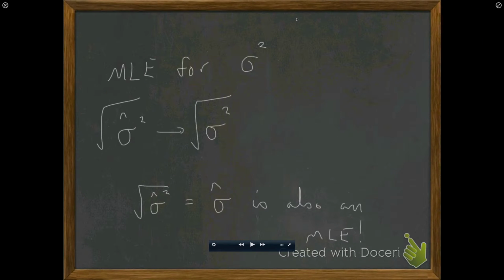All right, guys. What I want to do now is switch gears completely. We're still going to be doing MLEs, but I want to take a look at a little more difficult problem. So let's say that our goal is to estimate mu, and we're going to use maximum likelihood estimation.